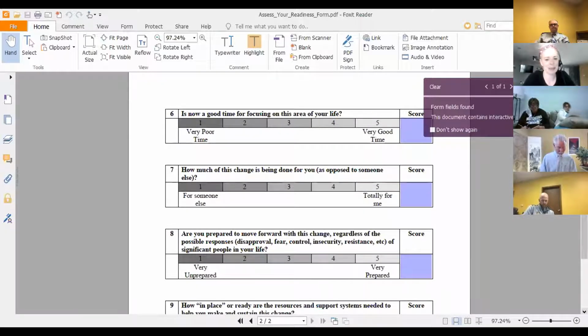We kind of talked about this one: how much of this change is being done for you, as opposed to maybe doing this change for someone else? I hope your family members or your students would be affected positively by the change you make. But I also hope you're focusing on this area for yourself, because you deserve that self-determination factor of, I need to take responsibility for my own health.